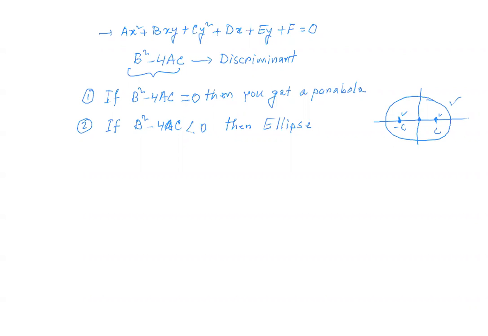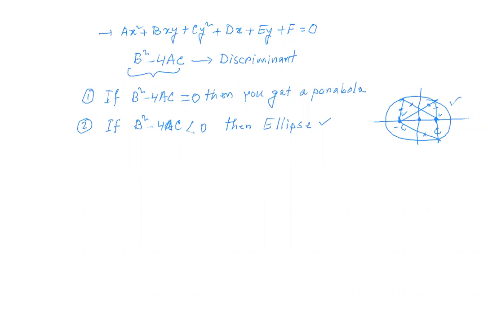An ellipse is actually the set of all points for which this distance plus this distance is the same. So the sum of these two distances from the foci for an ellipse is always the same. Okay, it's constant. So I'll talk about it.